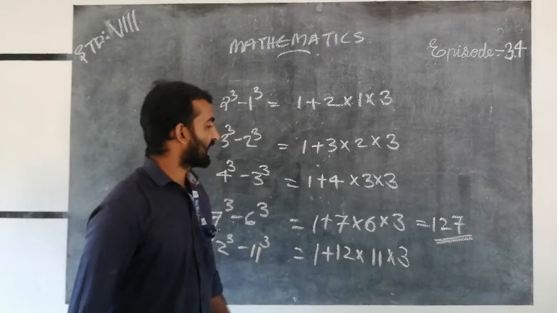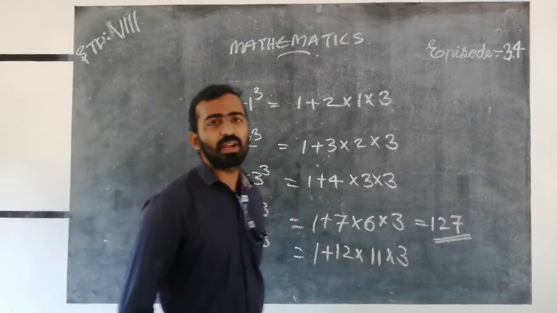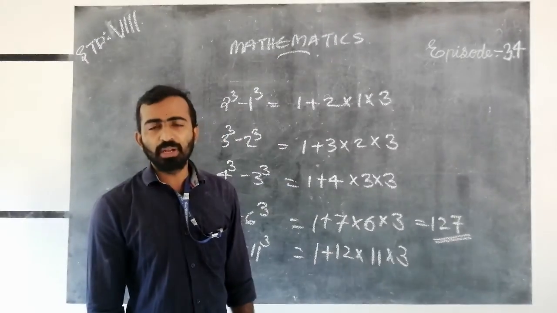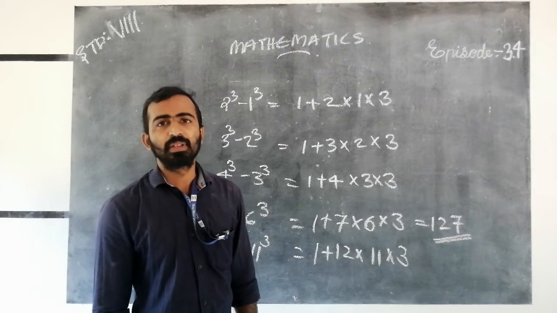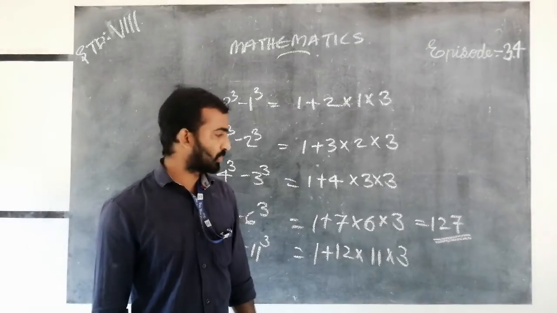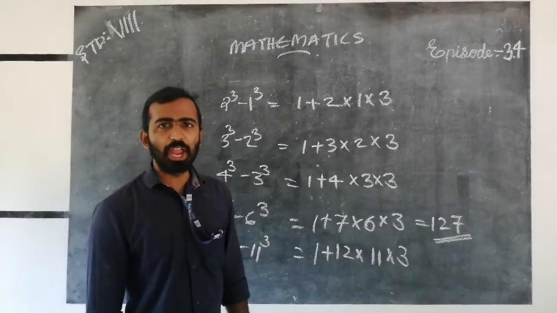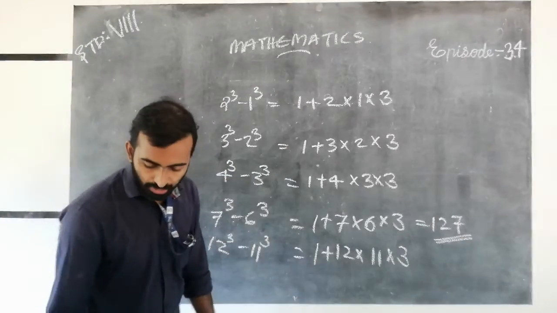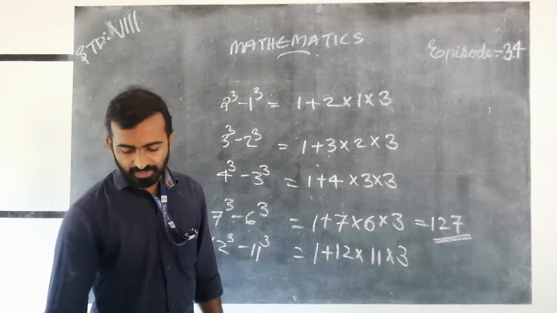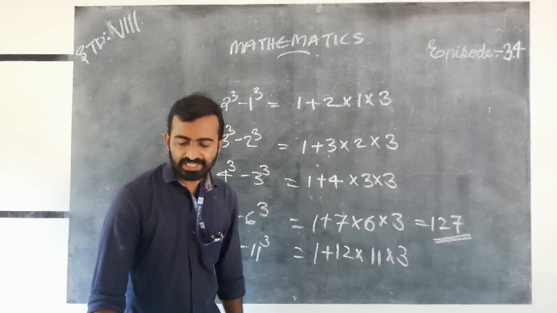And here, we get 12 into 11, we get 121. Is it not? That is 132. 132 into 3, what do we get? We get 396.